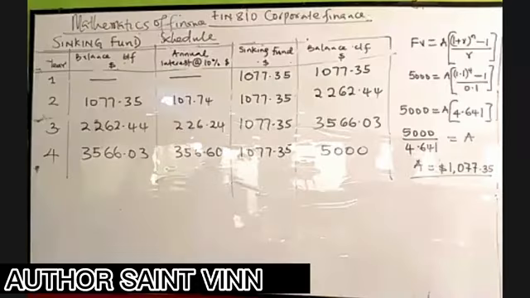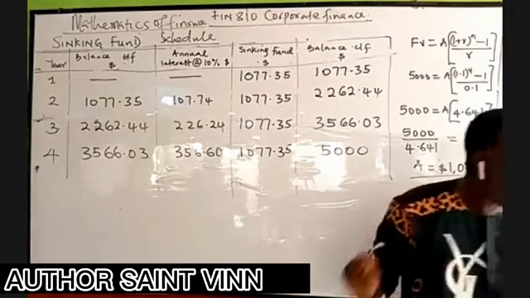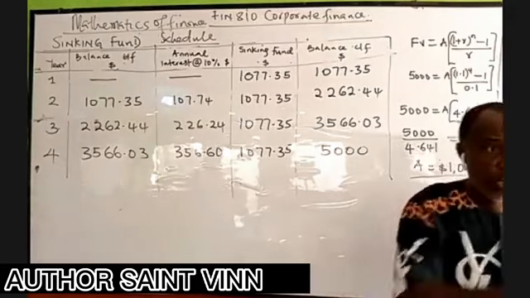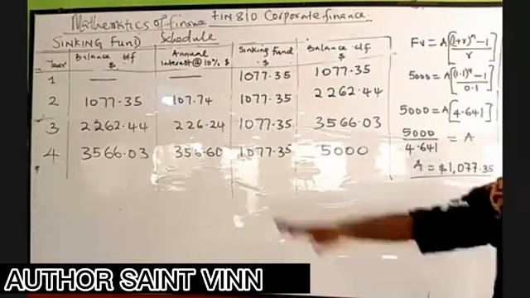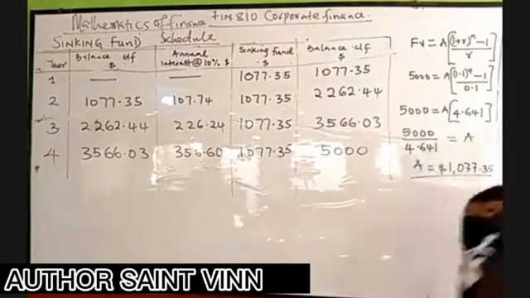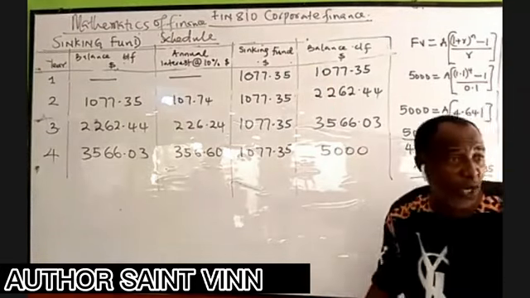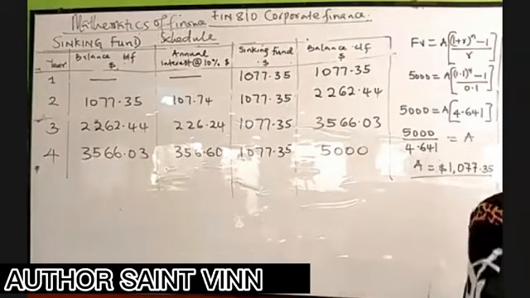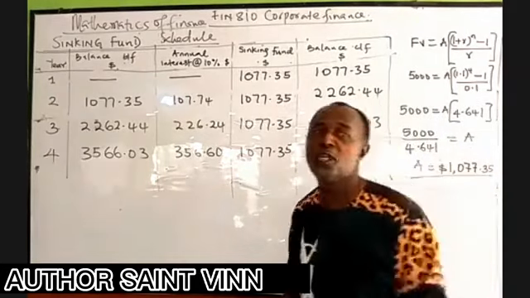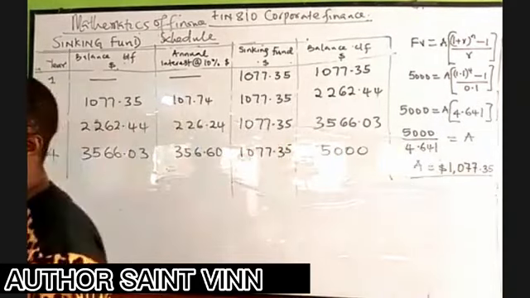When you do the sinking fund schedule and realize 5,000, that's when you know whether you are right, because the question was talking about 5,000. When I do the schedule, 5,000 came.